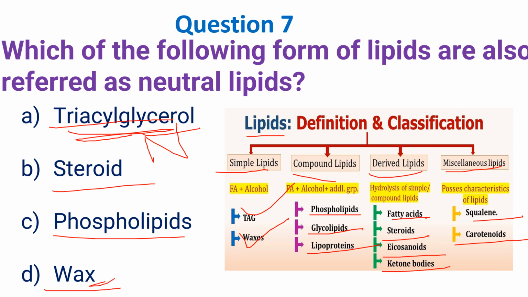Waxes are esters of long chain fatty acid and monoalcohol. Waxes are divided into natural and synthetic. Natural wax is derived from plants, animals and petroleum, and synthetic wax is man-made. The correct option is A. Triglycerol is a neutral lipid.